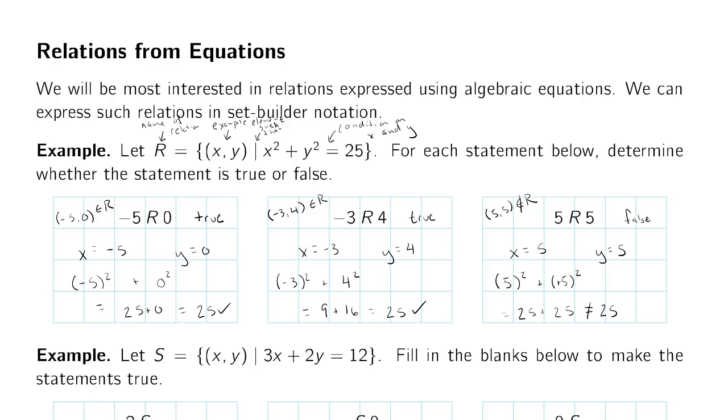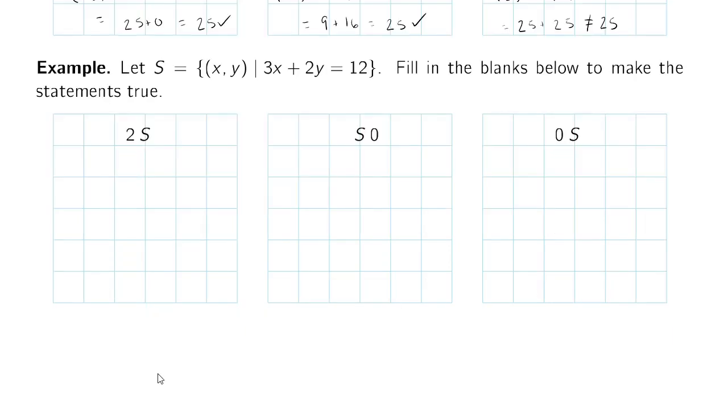Now, assuming we have an equation that we know how to do algebra to, we can, given one of the related values, find the value related to it. So here, S is the relation containing all of the pairs x, y that satisfy this equation.